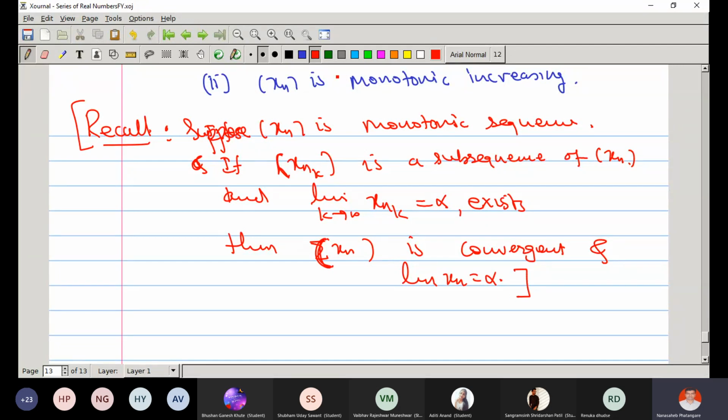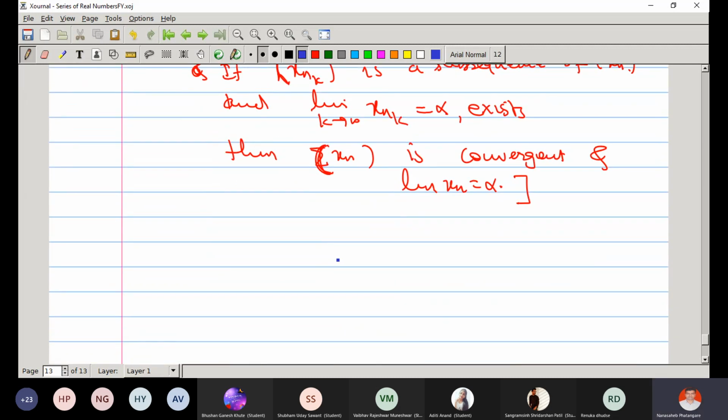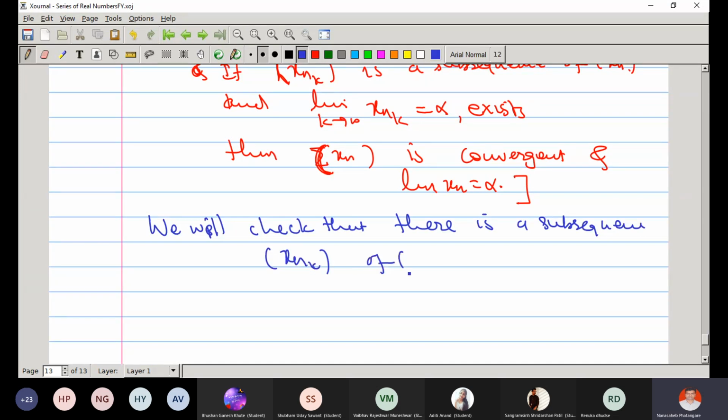Right, now we'll make use of this result to prove this. Our sequence xn is monotonic increasing. So we will check that there is a subsequence xnk of xn such that xnk is convergent.